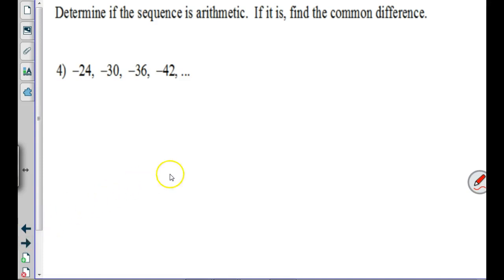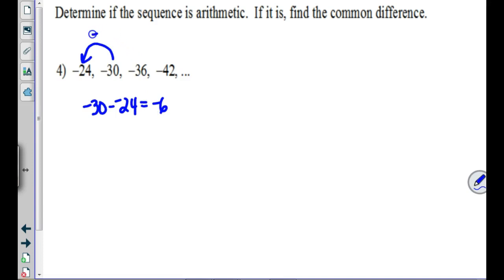All right, let's start practice here. Is it arithmetic? First of all, how do you decide that? Yes, and you always take one and subtract the previous. So negative 30 minus negative 24 would be negative 6. Is that what they kept doing?